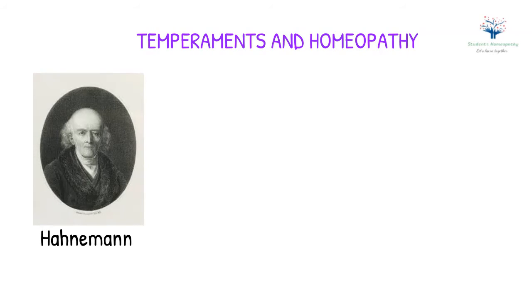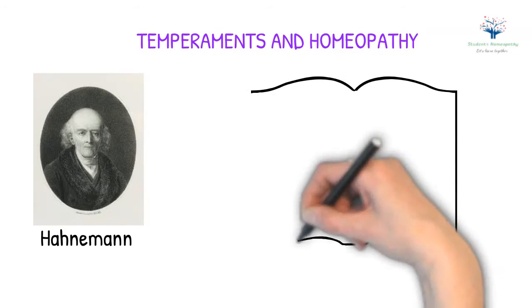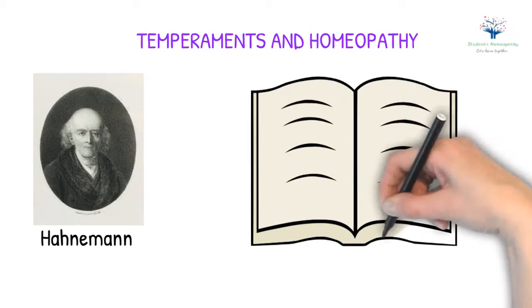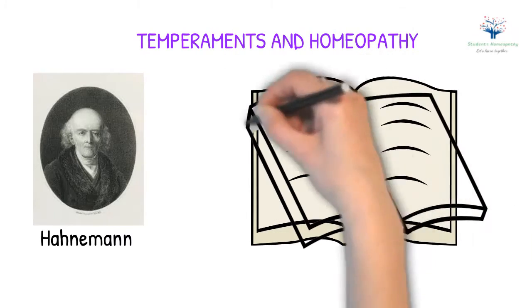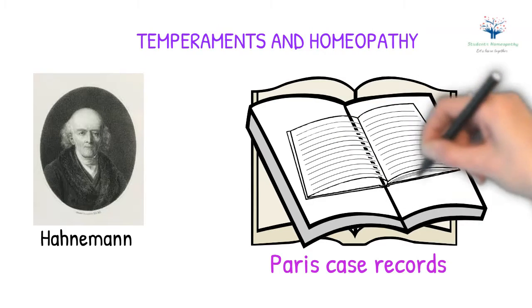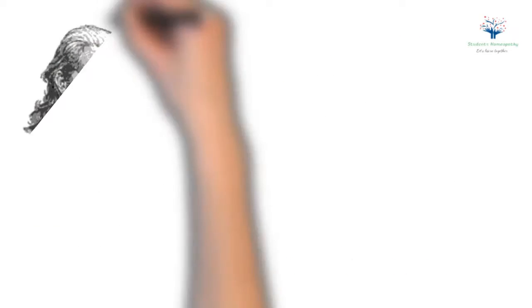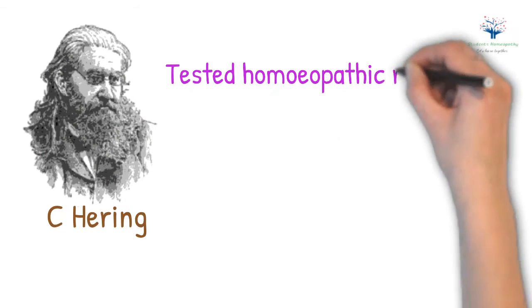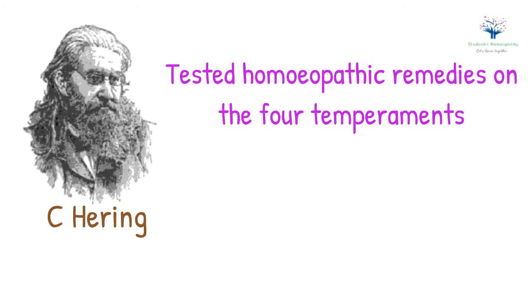We can find several references and use of terms like temperament, sanguine, choleric, etc. in many places of his Paris case records and other writings also. Hering tested homeopathic remedies on the 4 temperaments during his provings. After testing the remedies on different temperaments, he proceeded to clinical confirmation.